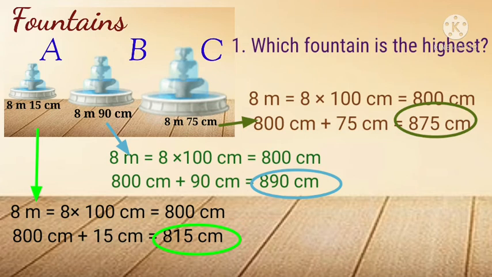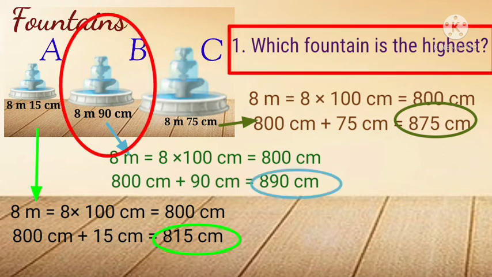Among 815, 890 and 875 centimeters, 890 centimeters is the highest one. So, the fountain B is the highest one.